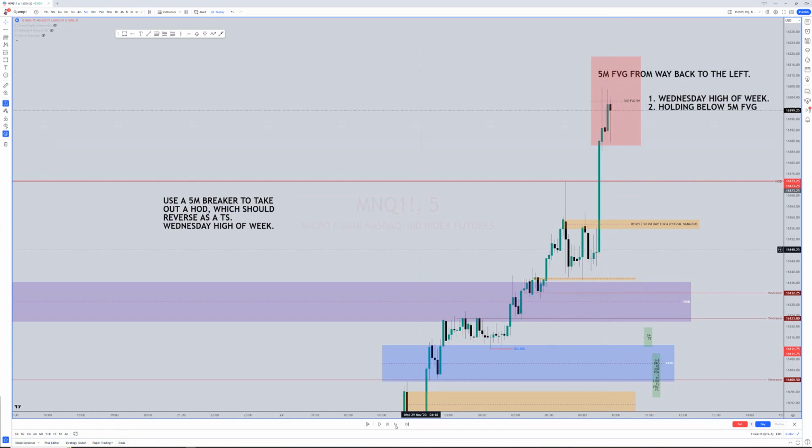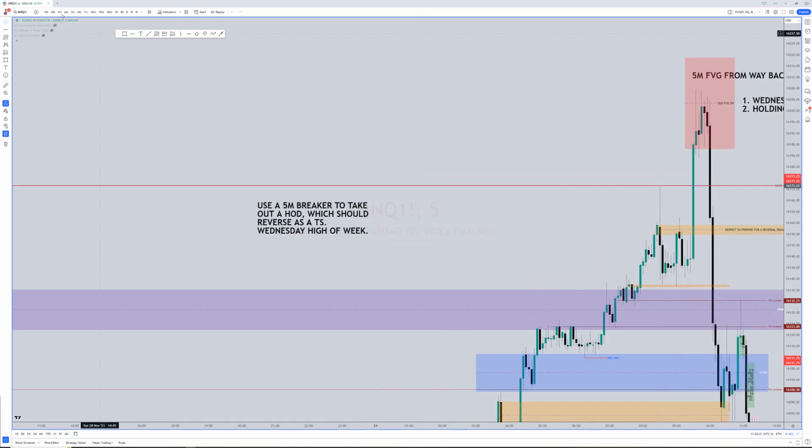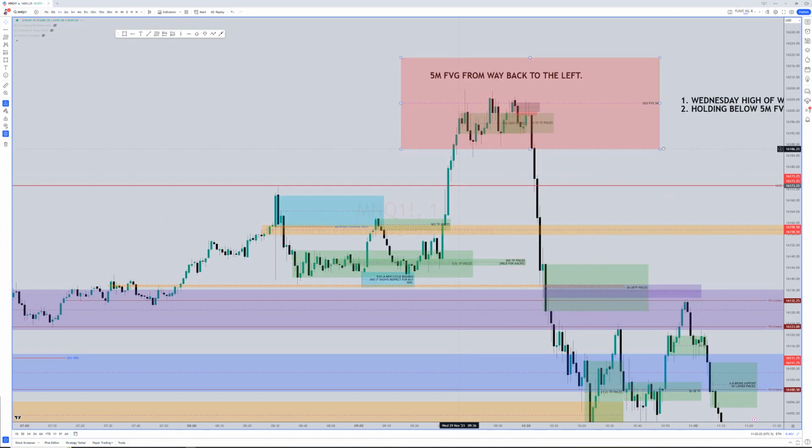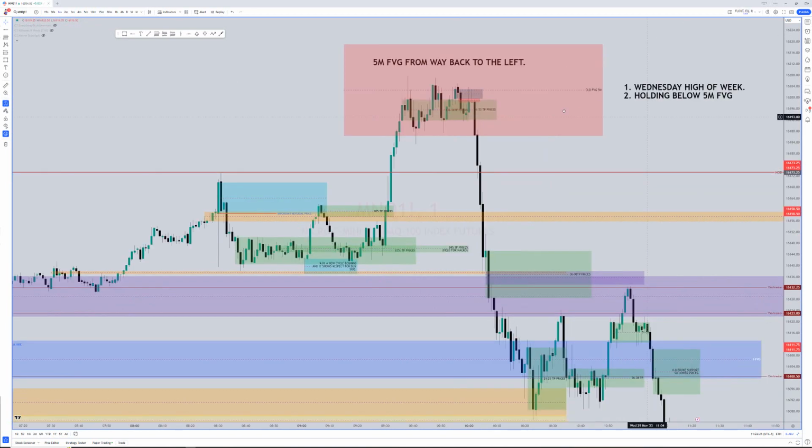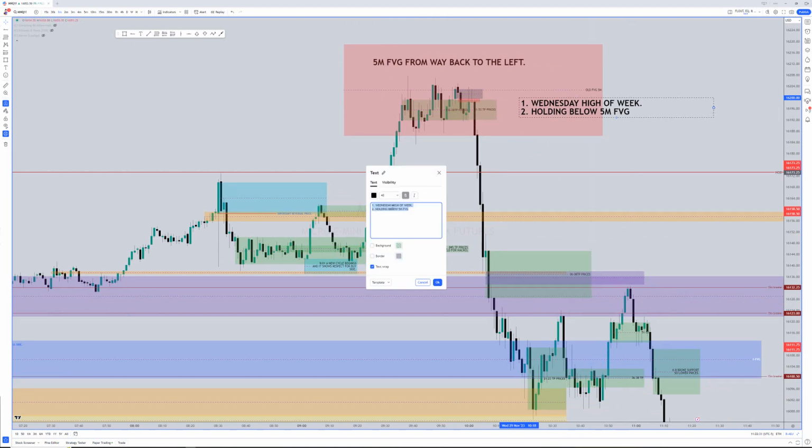So if we go back to the 1 minute, we have Wednesday high of week. All time frames but 1 minute holding below a 5-minute fair value gap.